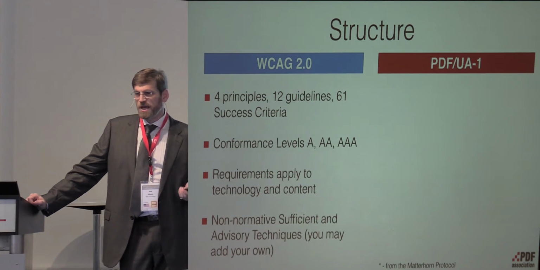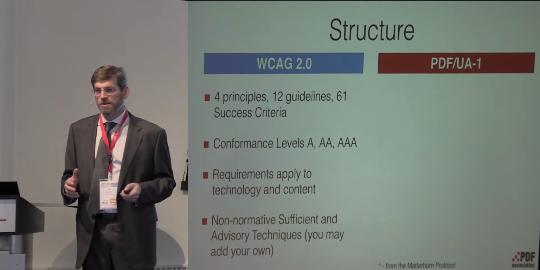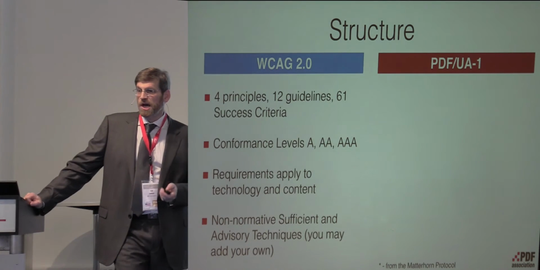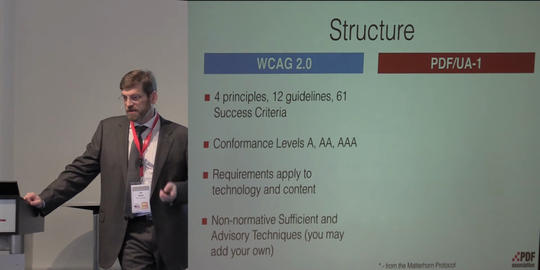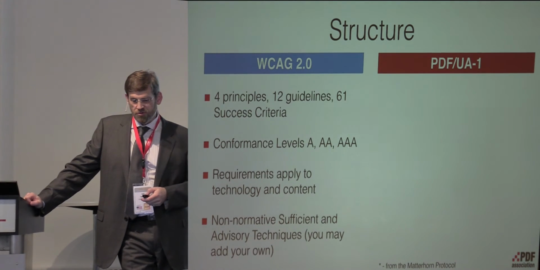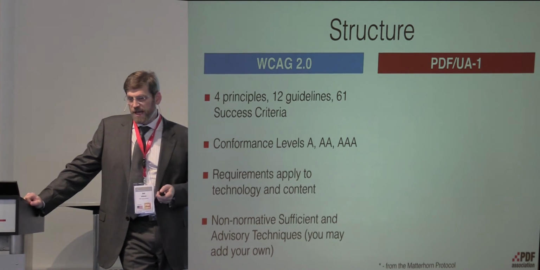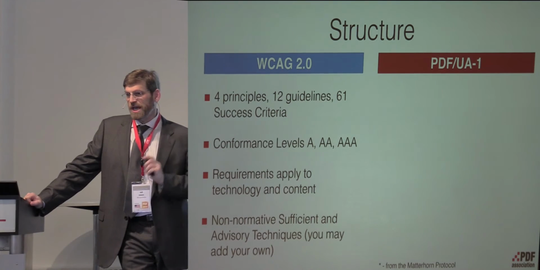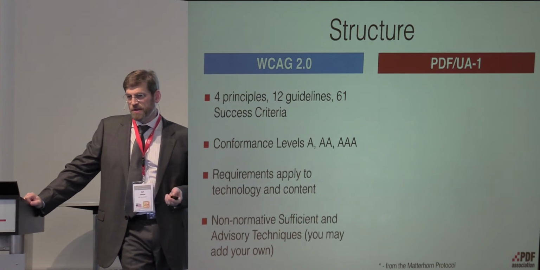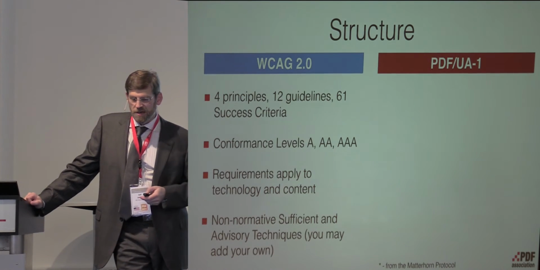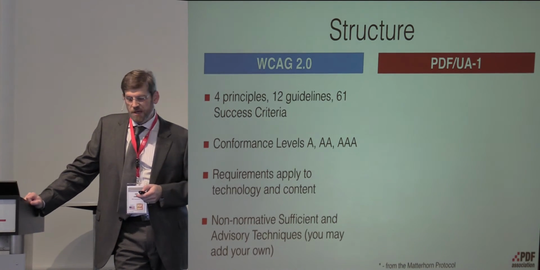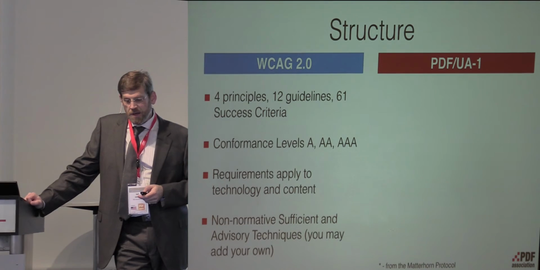Many of the AAA specifications pertain in particular to disabilities such as cognitive disabilities, and have a lot less to do with print disabilities and other kinds of physical restrictions. So WCAG's requirements apply to both technology and to content, and this is a major distinction as contrasted with PDF/UA, and especially, as you'll see later on today, with PDF/UA-2 that's on the way.